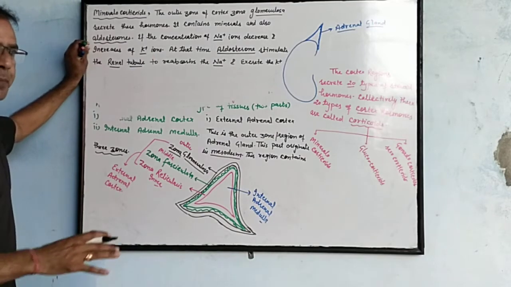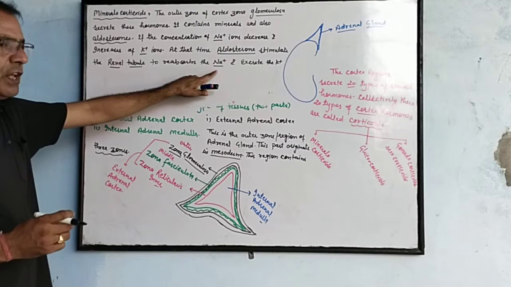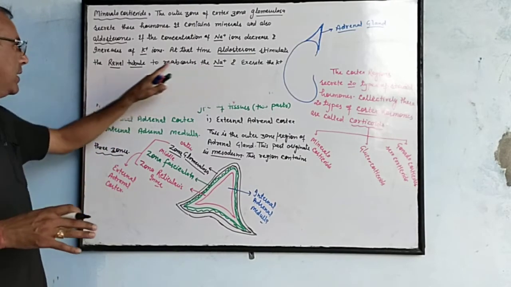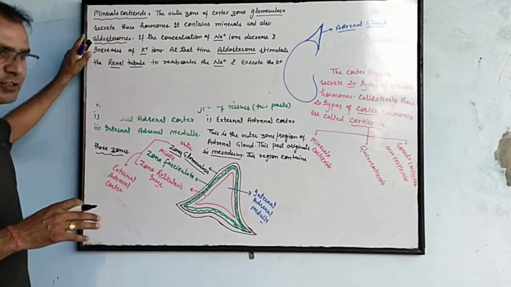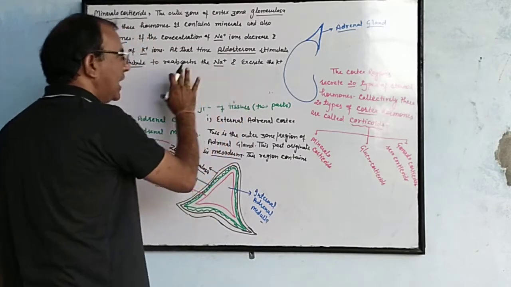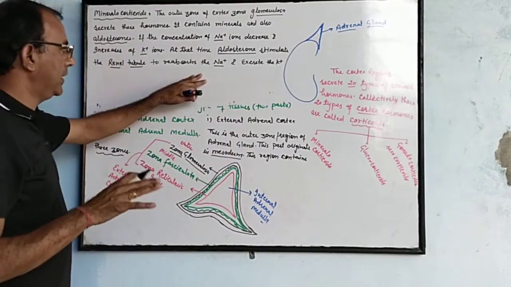As the filtrate passes through the renal tubules, sodium ion is absorbed by the PCT and DCT part. This is stimulated by aldosterone, and potassium ions are excreted, so that the balance of ions can be maintained.